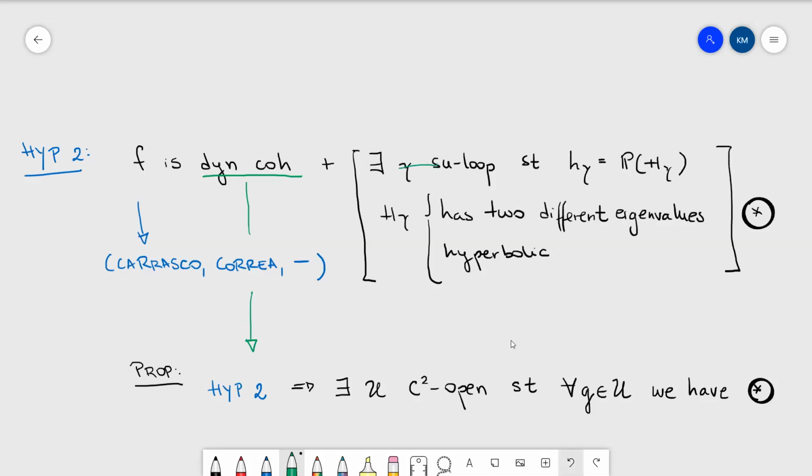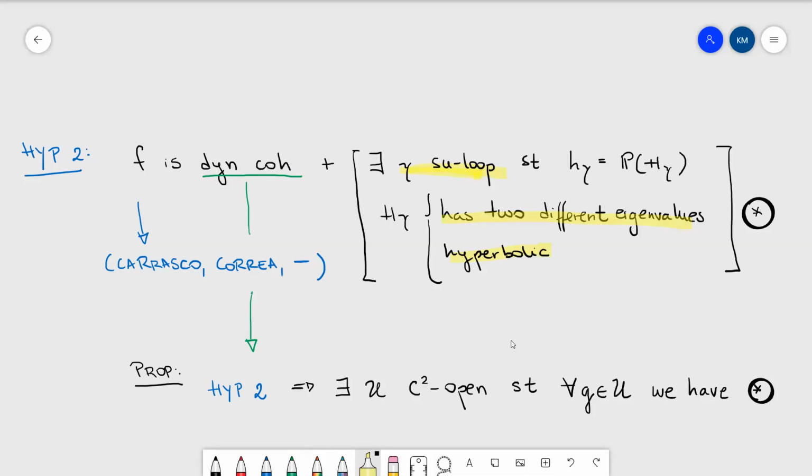Sorry, I'm not asking for existence of a periodic point because probably my partially hyperbolic map does not have periodic points. As I told you before, it is natural to replace the condition on periodic points by a condition on SU loops. And I'm imposing the condition of two different eigenvalues and being hyperbolic in the holonomy that is defined by the composition of the holonomies for the SU loop.